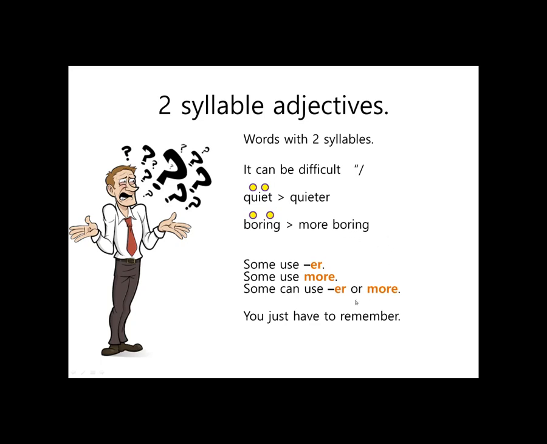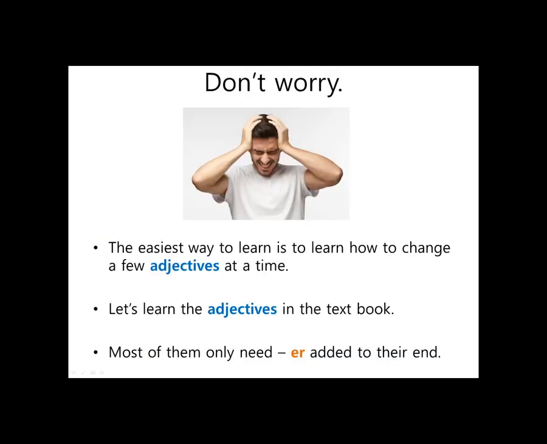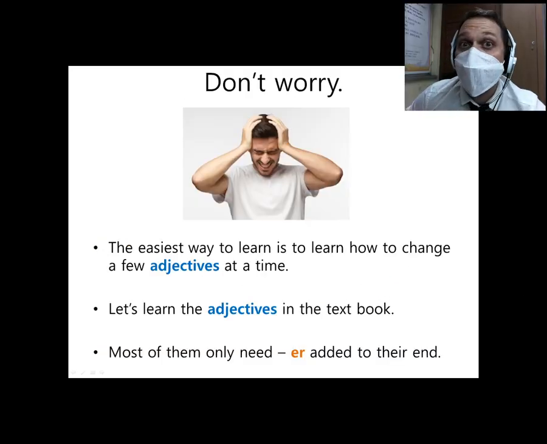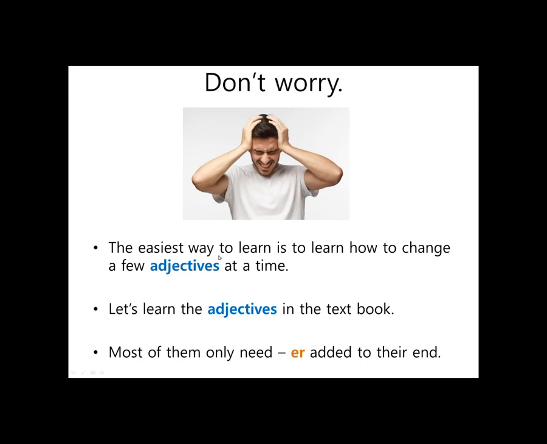Okay, so you just have to remember these. When it has two syllables, it could be either of these. This is quite difficult in English, but don't worry. The easiest way is to learn how to change a few adjectives at a time.